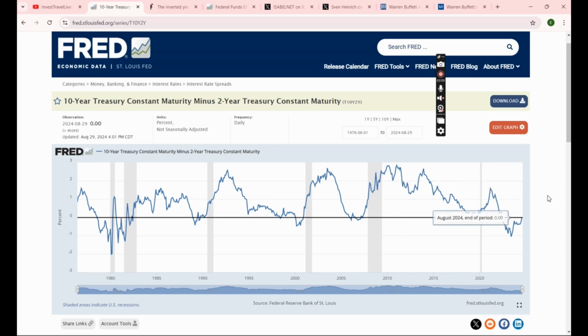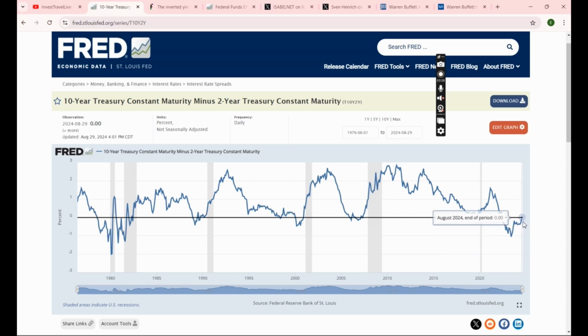Whilst when you hold cash for the shorter term period, you'd expect to get less money because of the lesser interest rate on a shorter time frame. When this is negative, it's the opposite, right? So you would get more money, or more percentage, for the shorter term and less percentage for the longer term.